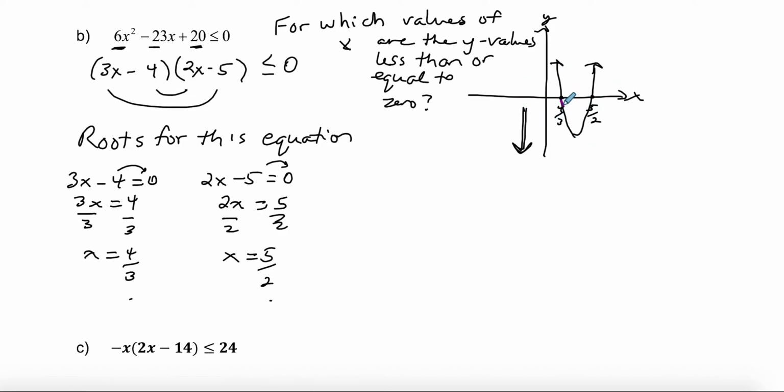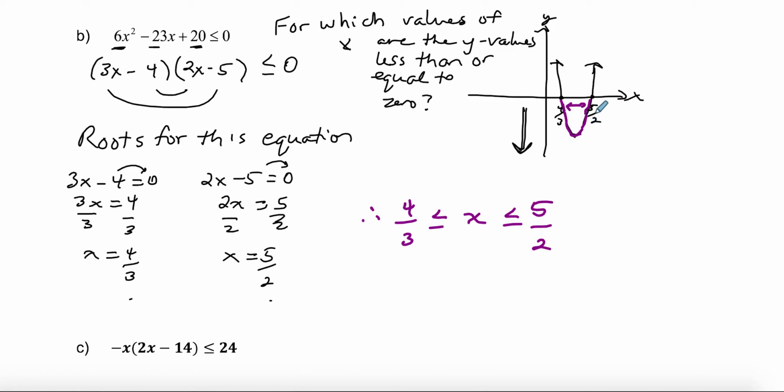Well, it's all of these points here that go along just the bottom part of this parabola. So that is basically anything in between 4/3 up to 5/2. So my answer for this is, therefore, the values for x are anywhere in between 4/3 and 5/2.